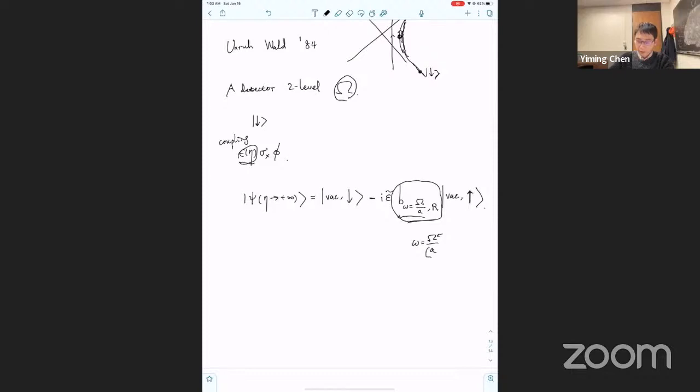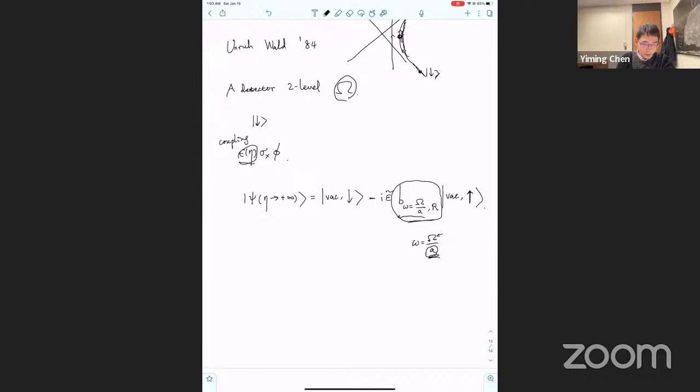But this a is related again to the conversion between the regular time eta and the proper time of this accelerating observer. So again, a factor of a pops up here.